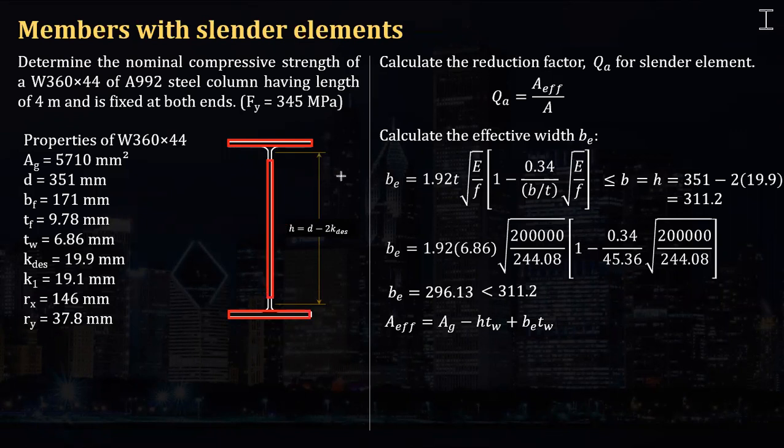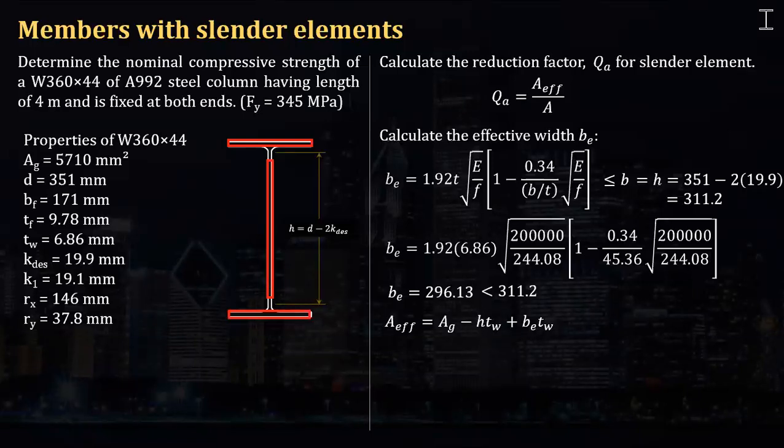So how to solve that? Well, that should be equal to the gross area minus this, okay? And this is equal to the difference of H TW and BE TW. So we just have to subtract this, okay?